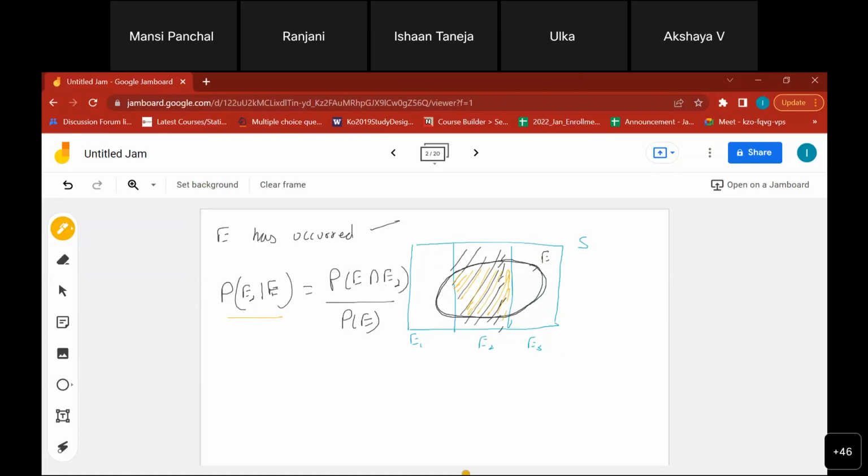So by using the formula of conditional probability, I can write it like this, right? Probability of E we have computed using the law of total probability.